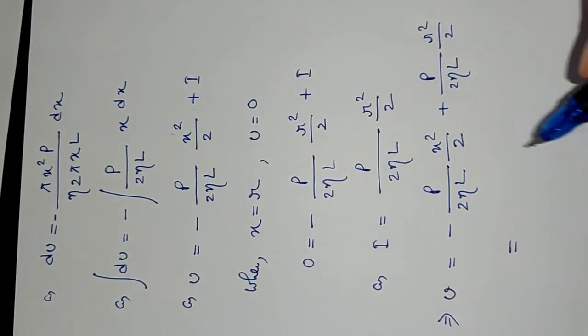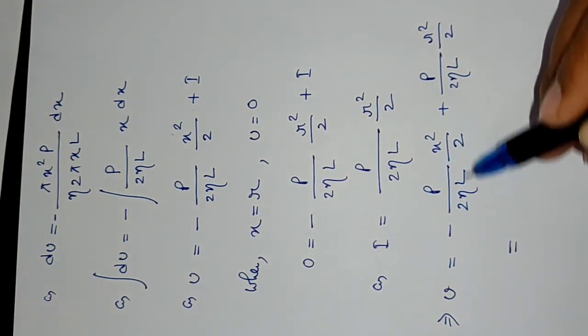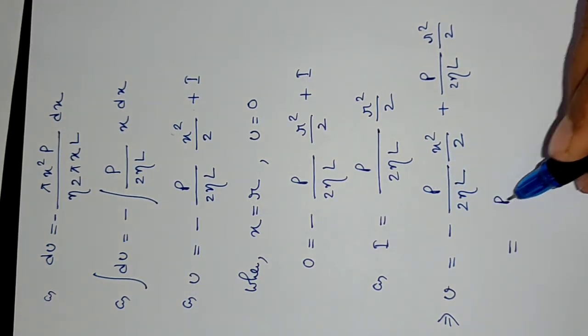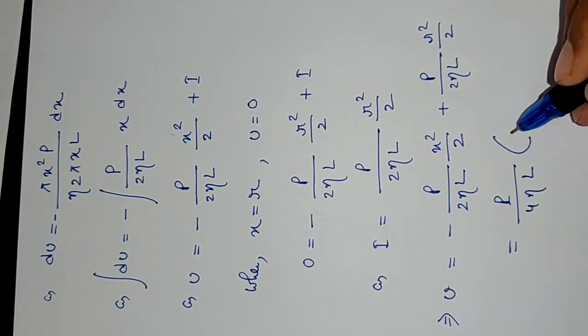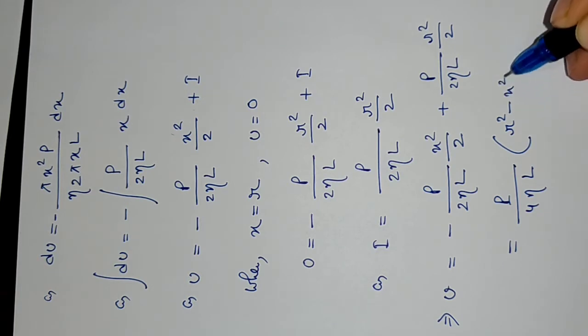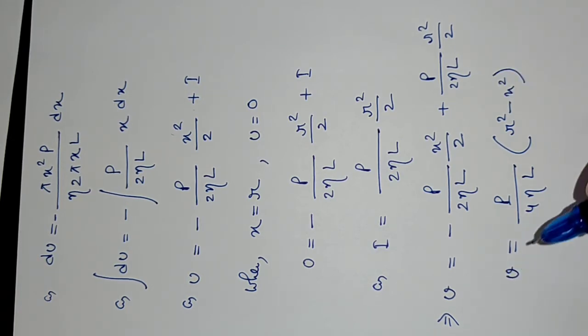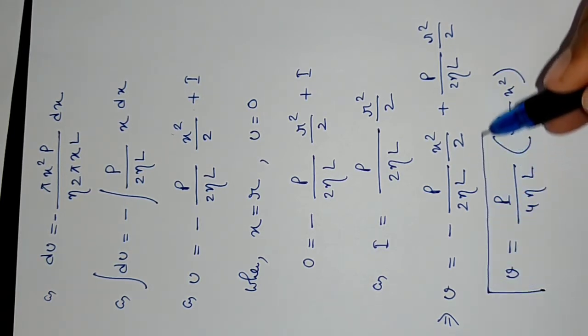Now we can take P upon 4 eta L as common, and we will get here r square minus x square. This is the expression for velocity of the liquid.